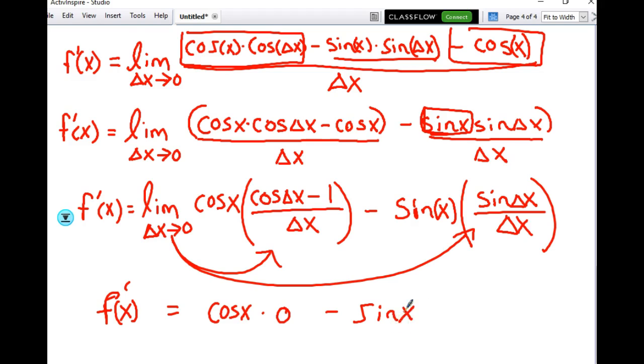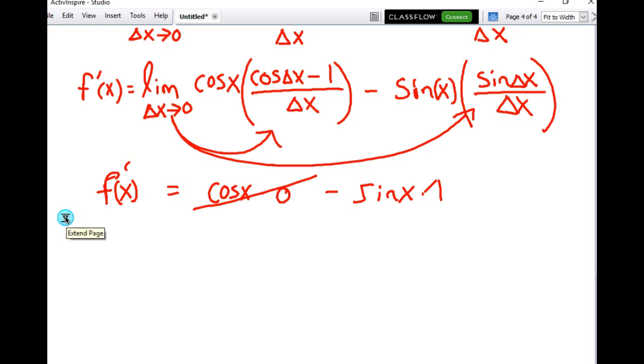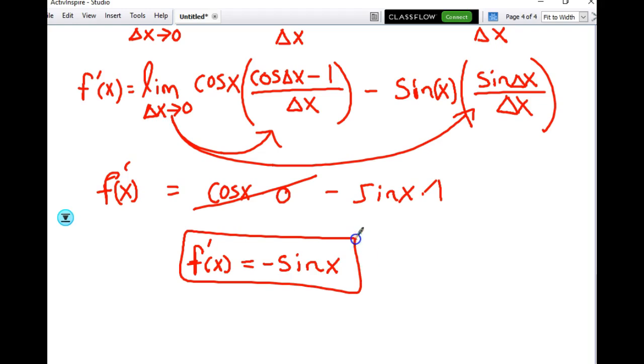And the limit of sine delta x over delta x is 1, as we previously mentioned. This goes away, and we are left, therefore, with our final answer, which is the fact that f prime of x is equal to negative sine of x.